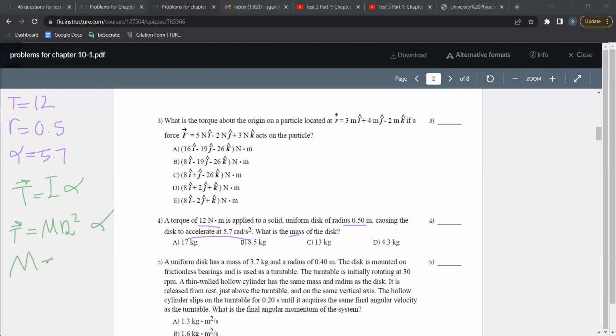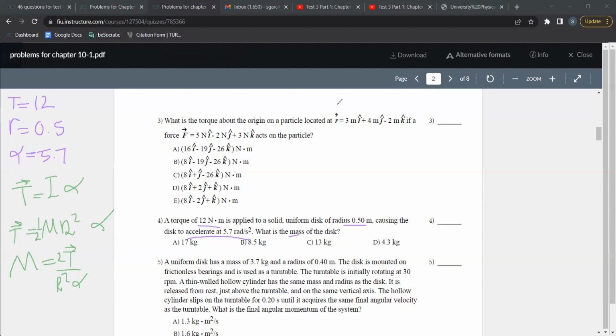So if we move everything over, it would be T. Oh, we forgot to put a half here. One half of our mass radius squared. So it would be 2T divided by R squared and then divided by alpha.